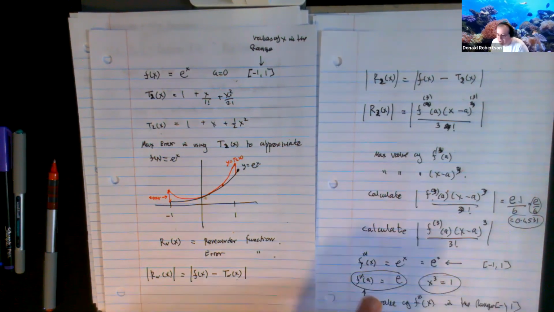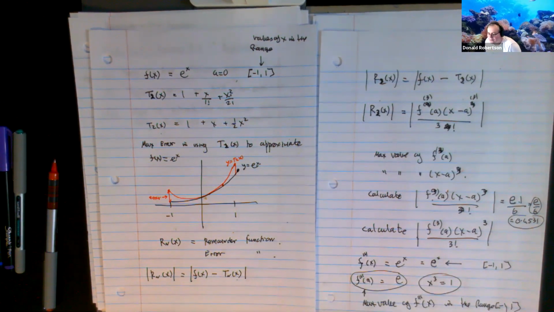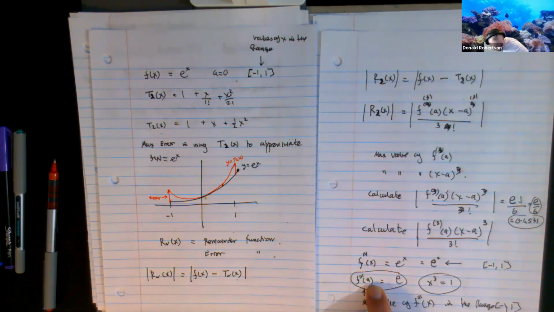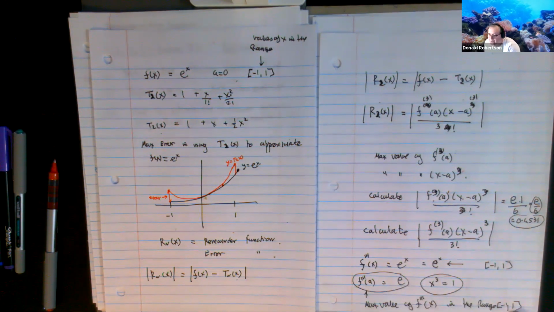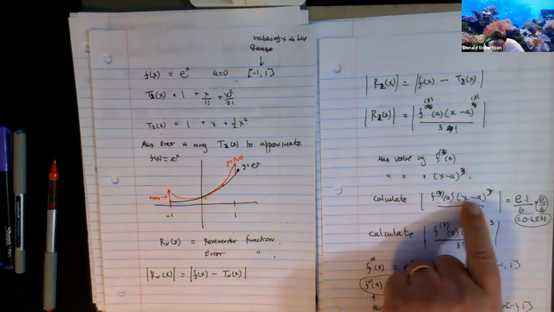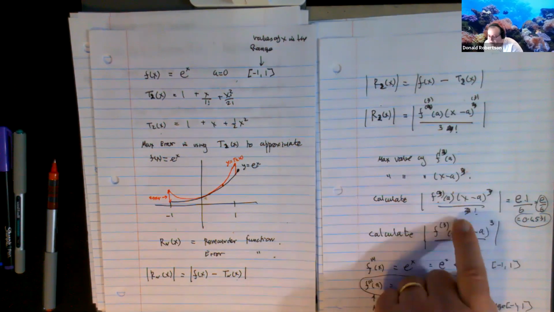So I really just called it f triple dashed of a. It's actually the largest value where a is between -1 and 1. So think of what's the biggest value the triple derivative would be in this range. And that's what goes here, and it's over that number at the bottom.